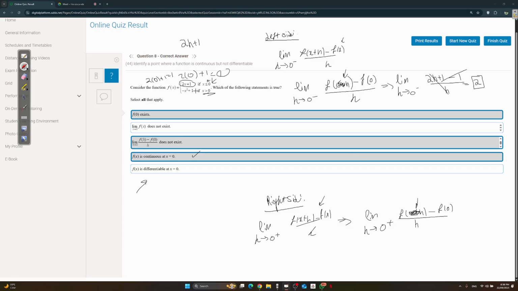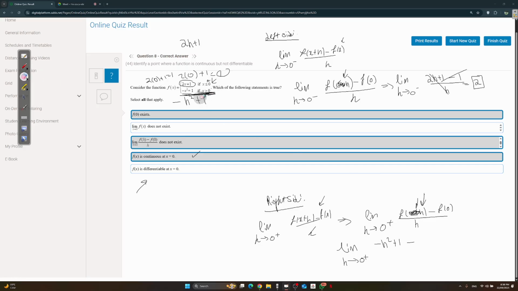So substitute instead of x, what are we going to put now? h. So let's put negative h squared plus 1. So it's going to be the limit as h approaches 0 plus of negative h squared plus 1 minus f of 0. Substitute f of 0. f of 0 doesn't mean you substitute here.